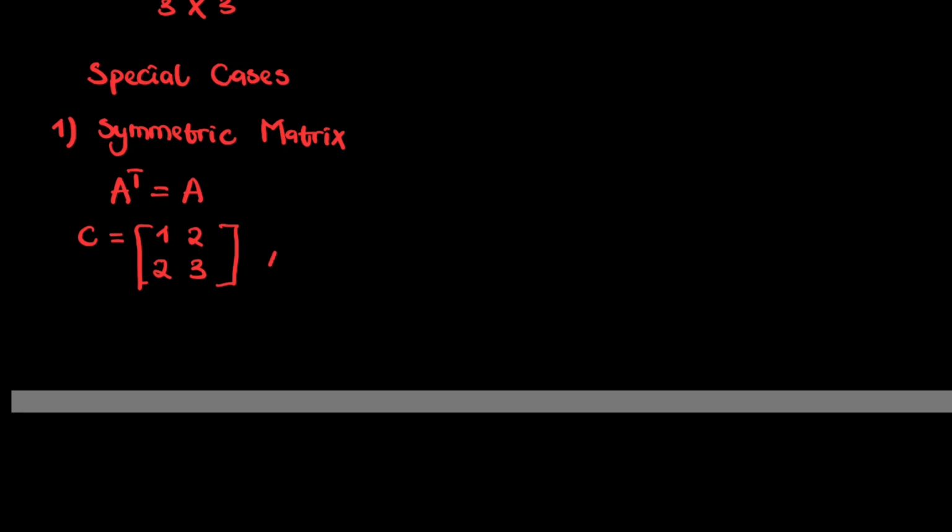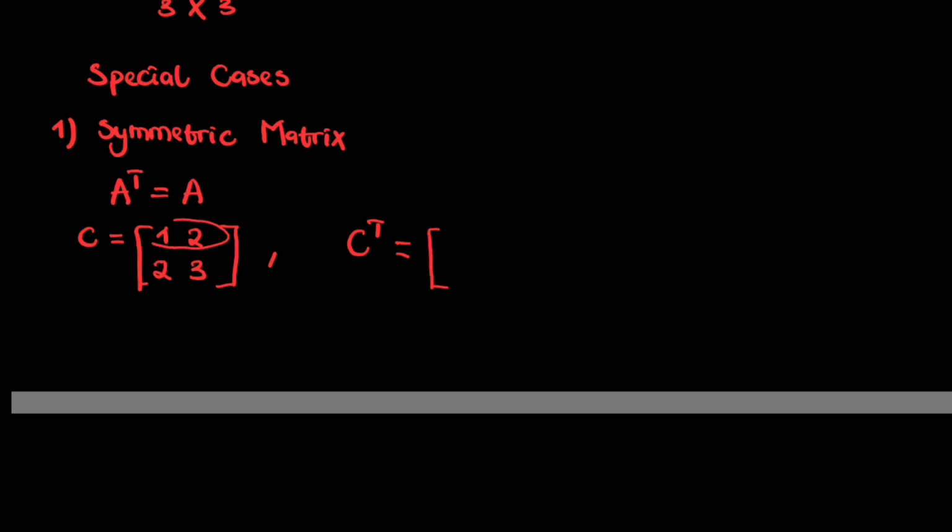So if we want to have the transpose, C to the power T, C transpose, remember, to find the transpose of a matrix, the rows become the columns and the columns become the rows. So in this case, the first row becomes the first column of our transpose matrix.